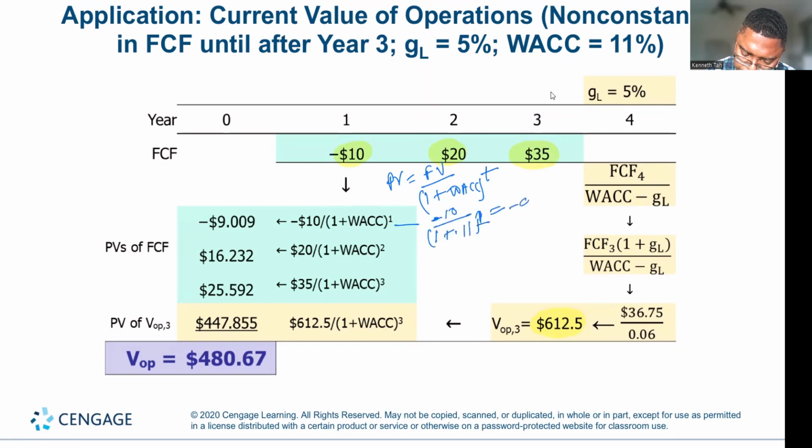When we do that, we have minus 9.009. And then we do the same for the second one, which is 20, and the third one, which is 35.